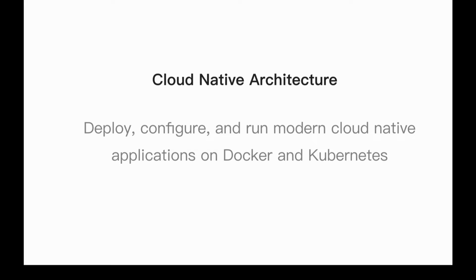As defined by the Cloud Native Computing Foundation, cloud-native technologies empower organizations to build and run scalable applications in public, private, and hybrid clouds. Features such as containers, service meshes, microservices, and immutable infrastructure best illustrate this approach.